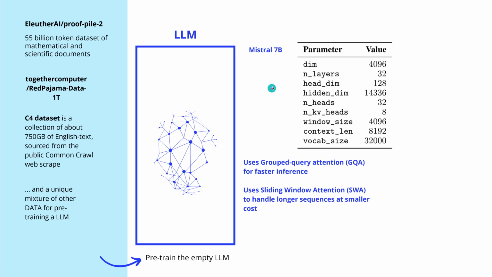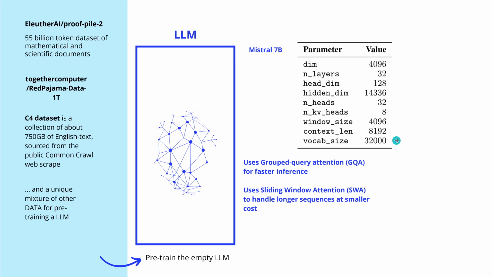Now, if we take just a tiny LLM like Mistral 7B, which has the nice feature that it is really Apache 2 license, so it's open source and you can use it, you see that if we build this empty model, the architecture that we use has these characteristics.